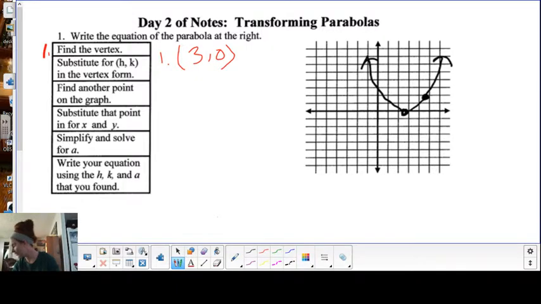Step number 2 is that we're going to substitute that vertex into the vertex form that we talked about yesterday.